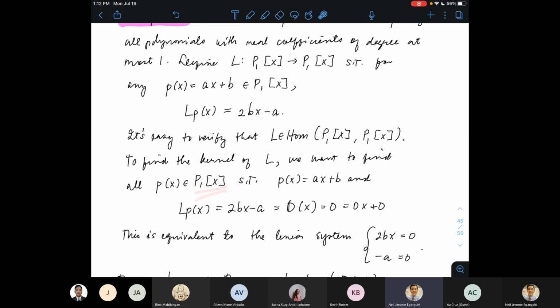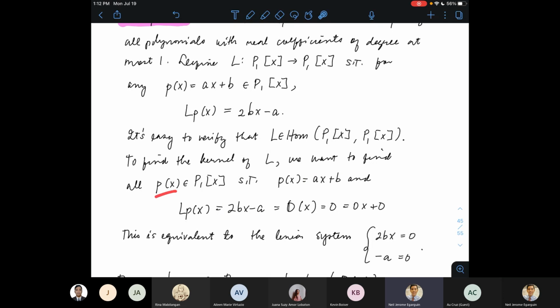Because this is the set of all linear functions and constant functions. So they can be written in the form ax plus b, where a and b are real numbers. Okay? So if I will put ax plus b inside L, by definition, I will get 2bx minus a.